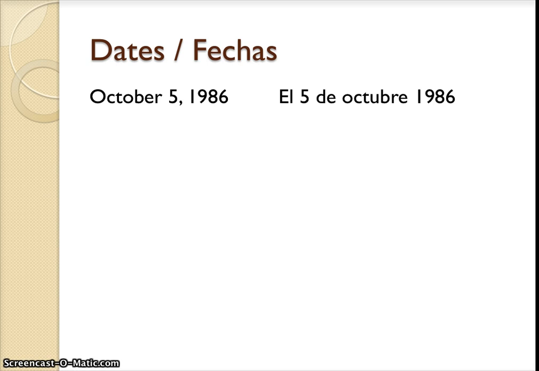Even though we are not writing our year out in words, we still have to say it the same way. Okay? All right, here's another one. July 7th, 2005. Let's take the 7, move it to the beginning, and change July over to Spanish. So we have el 7 de julio, 2005.